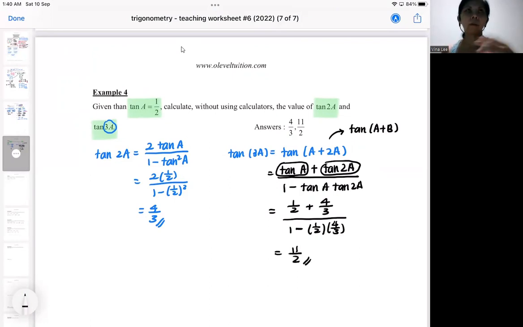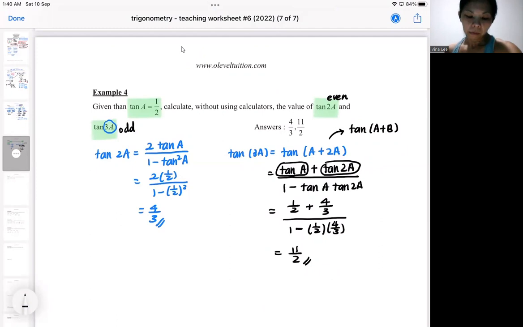So in summary, if you see an odd angle, you try to break it using the addition formula. If you see an even angle, usually it should be double angle.